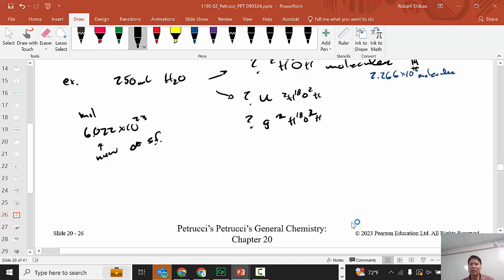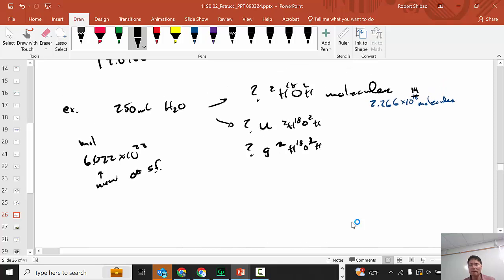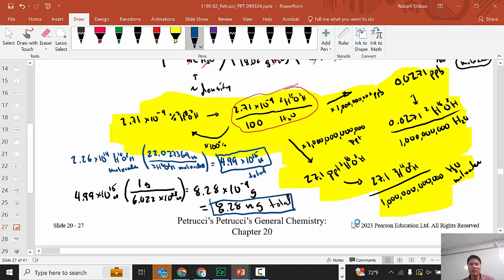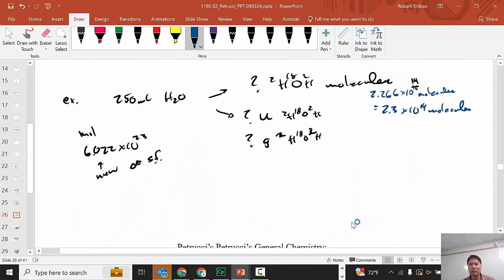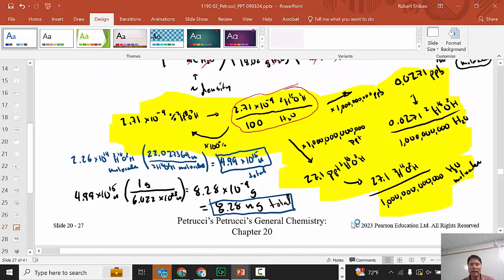All right, so we need to get the correct number of sig figs. So let's answer this. This is going to be 2.3 times 10 to the 14 molecules, which is equivalent to 5.0 times 10 to the 15 U, which is equivalent to 8.3 nanograms.